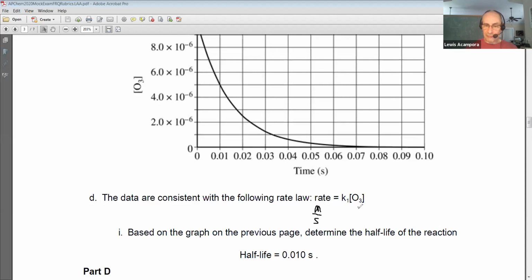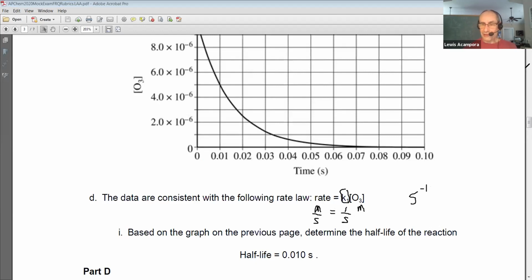And the concentration will be in units of molar. So in order for these two sides to be equal, the rate constant will have to have units of 1 over seconds, or reciprocal seconds, or seconds to the negative 1 power. And that's kind of a weird unit. It's hard to imagine measuring something in that, but it is consistent.